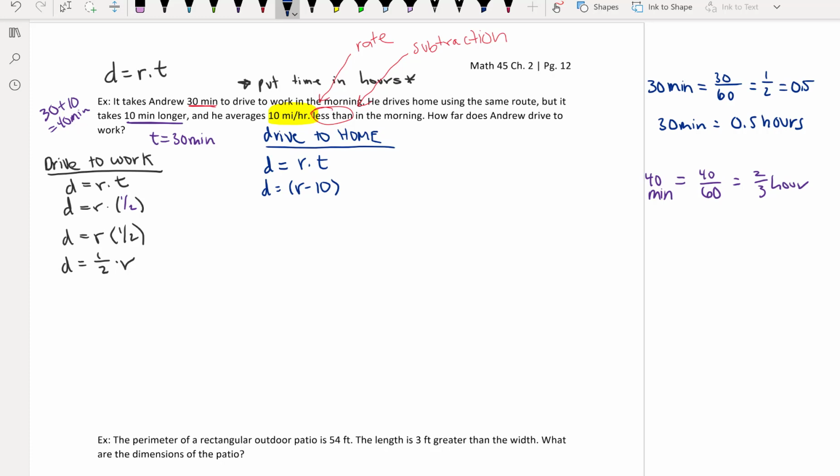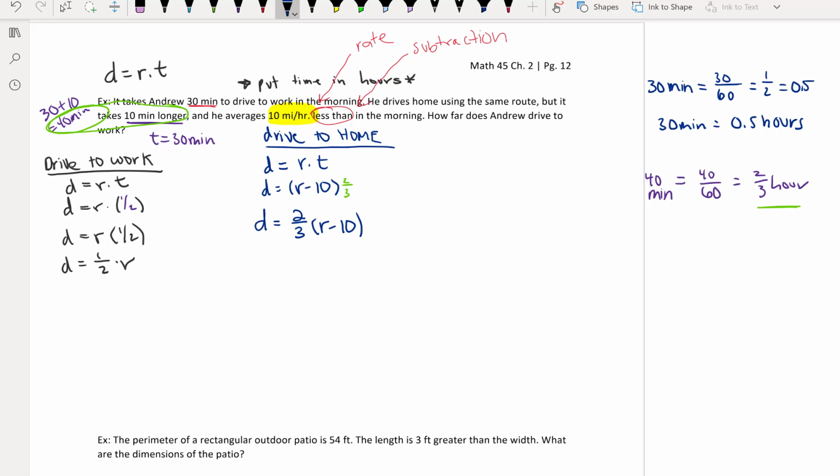My time is 10 minutes longer, which we already said was going to be 40 minutes. And 40 minutes we already said was going to be 2/3 of an hour. So now what this looks like, if I just rearrange it, distance is equal to 2/3 times (r minus 10).